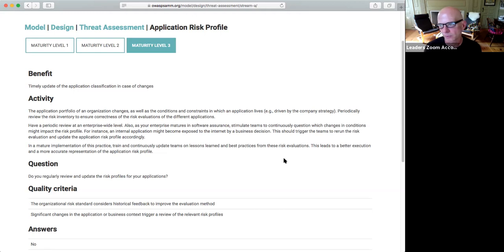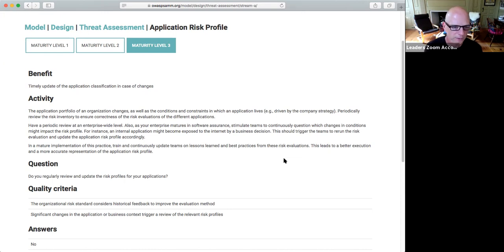This is one of those things where when you go from maturity level 2 to maturity level 3, it's reflecting back on what you've been doing in maturity level 2, but doing it on some regular cadence. I think that's the pattern with all of our maturity levels: looking back annually to review those activities and practices that you're doing within a particular maturity level.